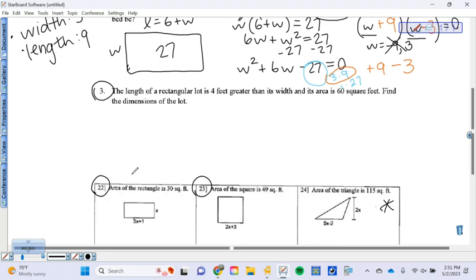Width. And the length is 4 more than that. So what's 6 plus 4? Yep. There you go, you did it.